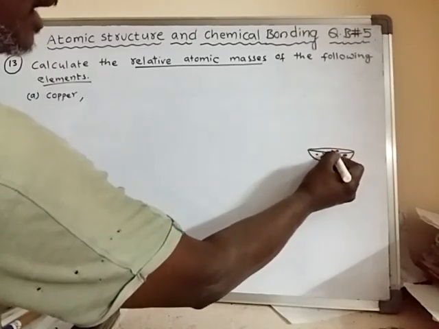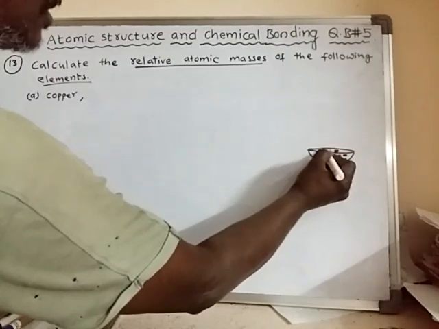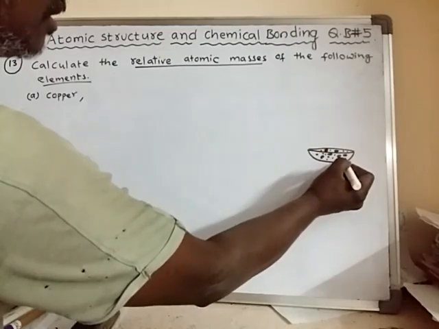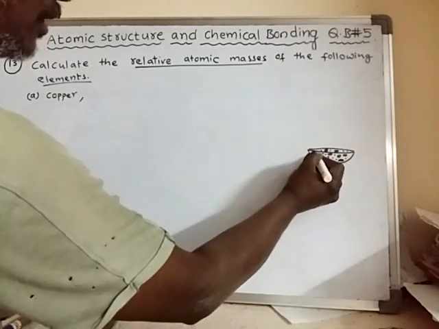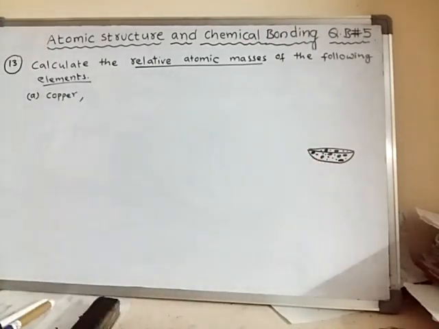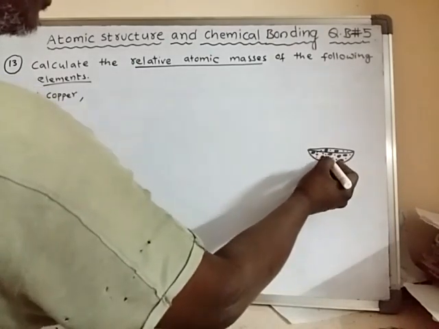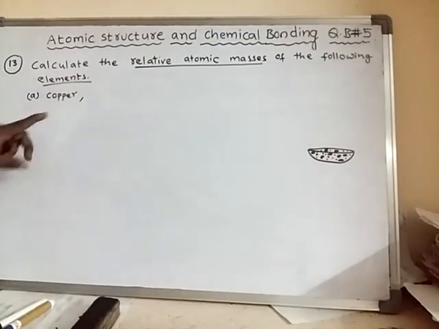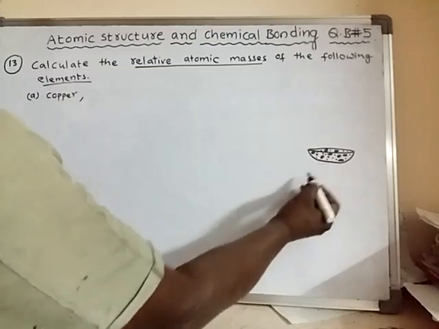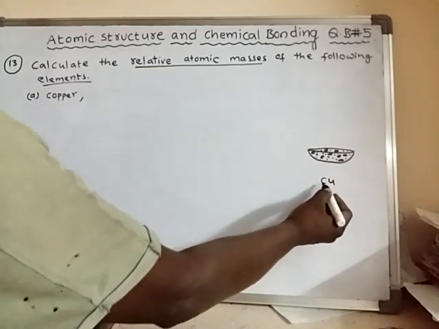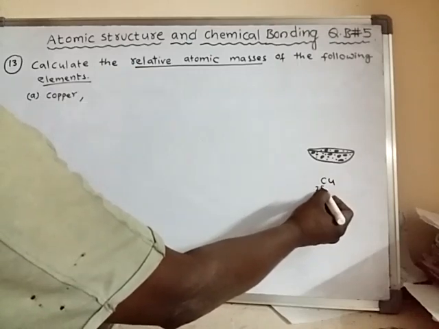Let us assume these are atoms; actually, we cannot see the atoms of any element, but just for making you understand, I have differentiated atoms. Here this particular copper has two types of atoms. What are those two types of atoms? One type of atom is copper 29.